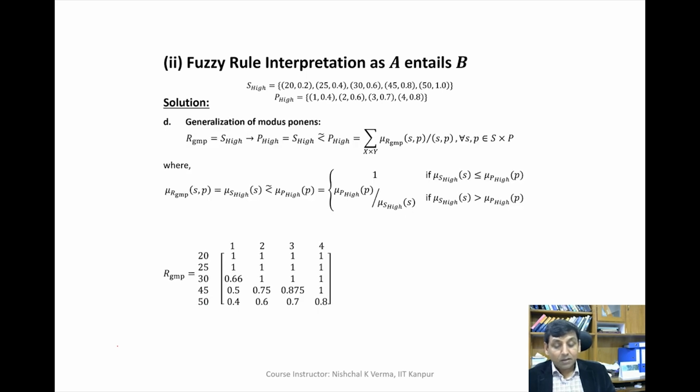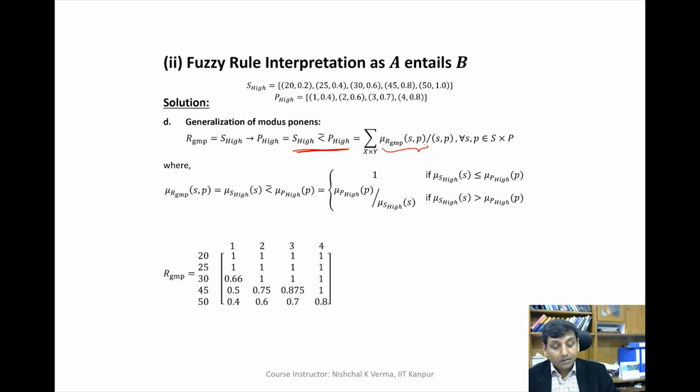Now the fourth one is generalization of modus ponens. When we use this, we get RGMP by simply taking S high tilde less than P high. You can see here. So since we have S high and P high, when we find this mu RGMP of S, P, please understand this S here is the generic variable, and P also is the generic variable here.